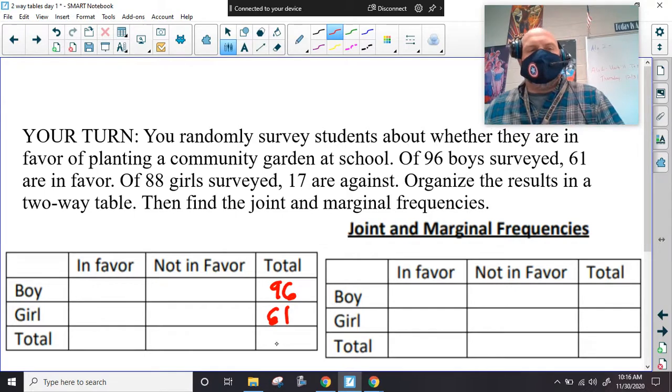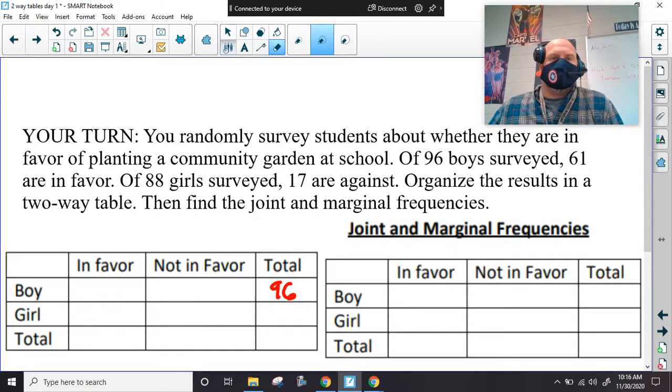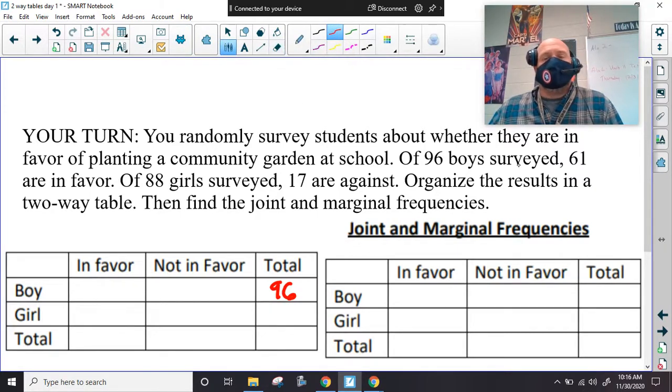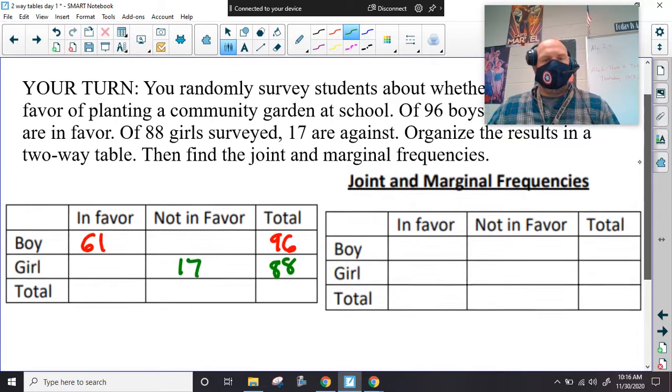Wait, I read that wrong. Of the 96 boys, 61 were in favor. Okay, so 61 goes here. My bad. Of the 88 girls surveyed, 17 are against. Organize it and find what we have to have.